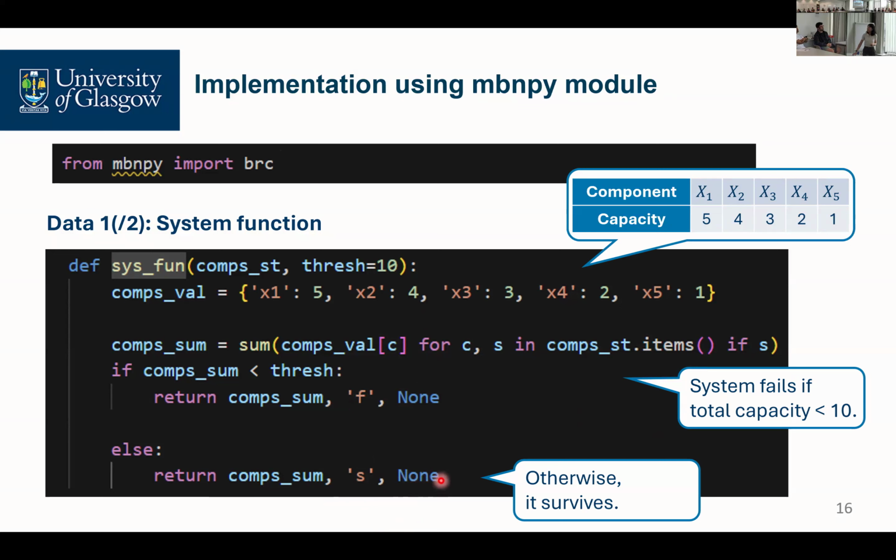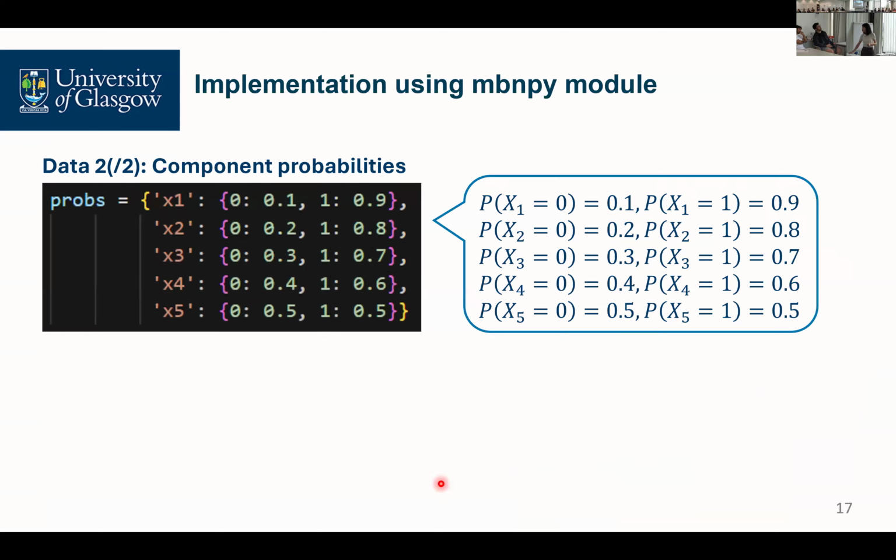But these optional outputs can help accelerate the BRC, and you can find more detailed descriptions in the tutorial. The second input is the component probabilities, where we need to specify for each component, for each state, how the probabilities are defined.